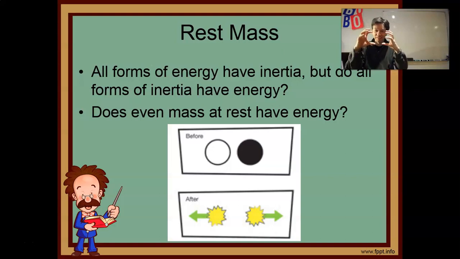So we have a box, and we're going to put 2 particles in the box. One particle and its antiparticle, called antimatter. Now it could be an electron and a positron if you wish. Now I think I went over antimatter a little bit in grade 11, but let me just do a recap. So for example, if you were to have a hydrogen atom. A hydrogen atom has what?